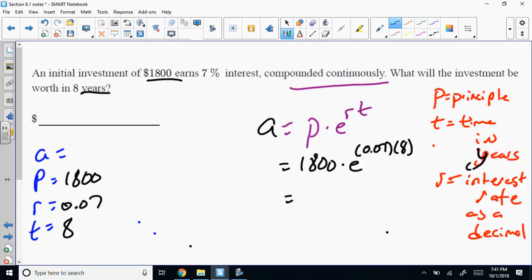So E is a special exponential. It's 2.71828 and so on. It never ends and never repeats. It's a constant that was discovered by Euler, E-U-L-E-R, back in the 1700s. And it's been used throughout all exponentials.